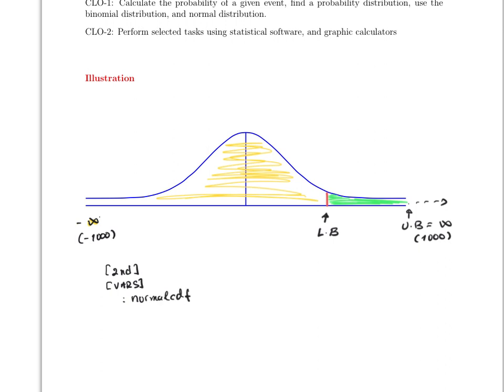Then you're going to enter the lower bound first, then the upper bound. There is no need to add anything else because these are standard values. Remember that standard means mu is equal to 0 and sigma is equal to 1.